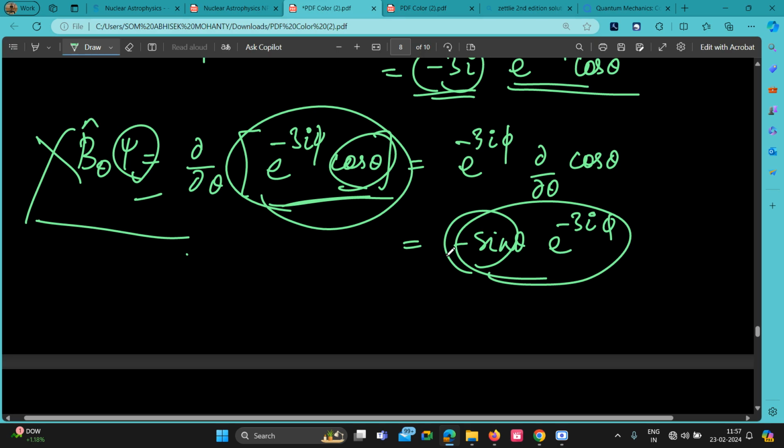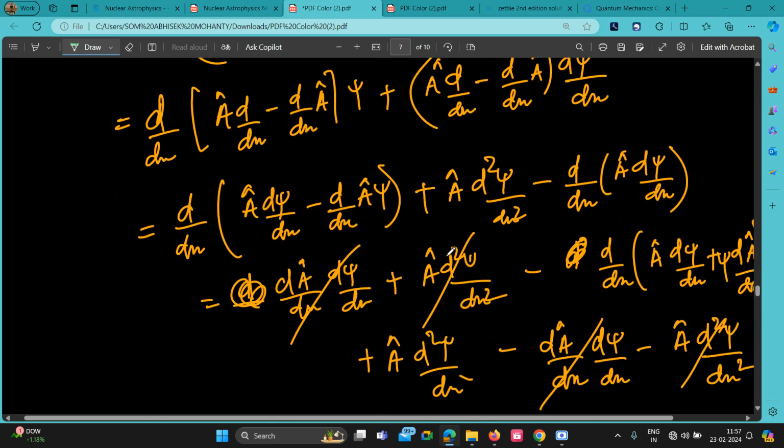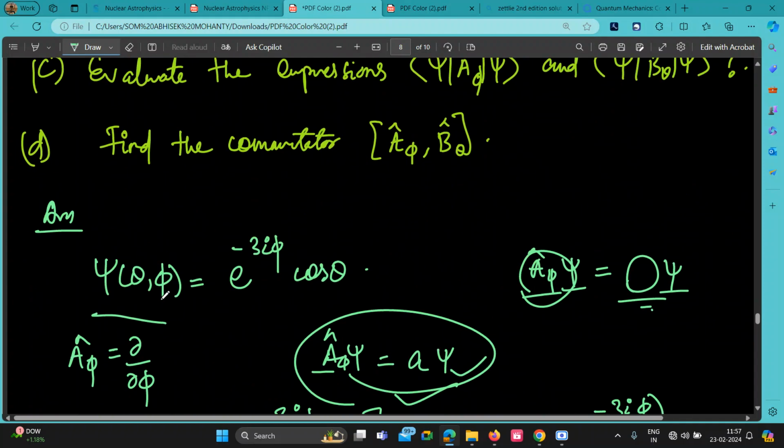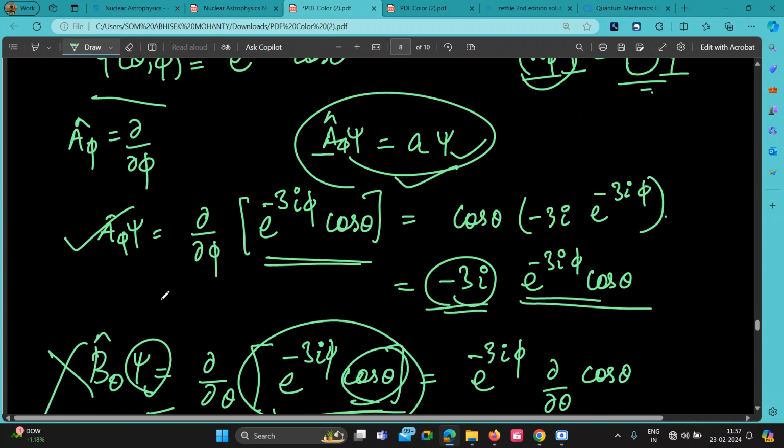Okay. Next question is, are A phi and B theta Hermitian? That is the question. So how to check whether they are Hermitian or not?